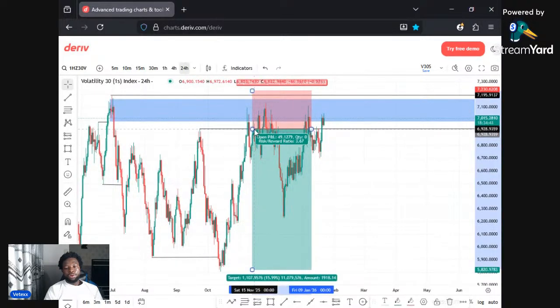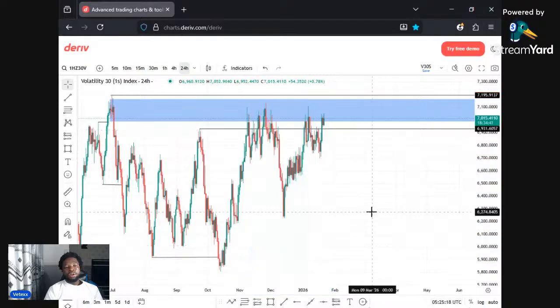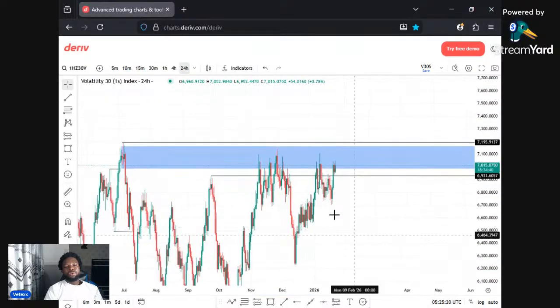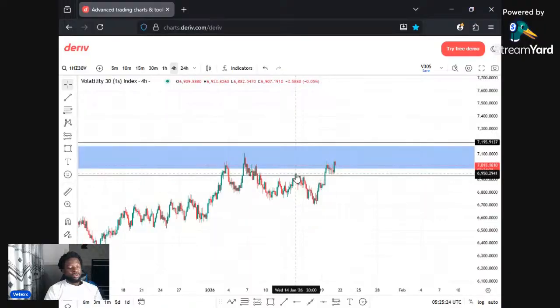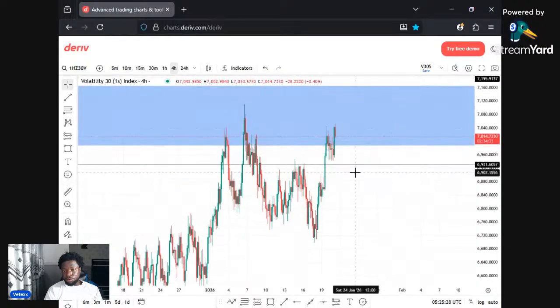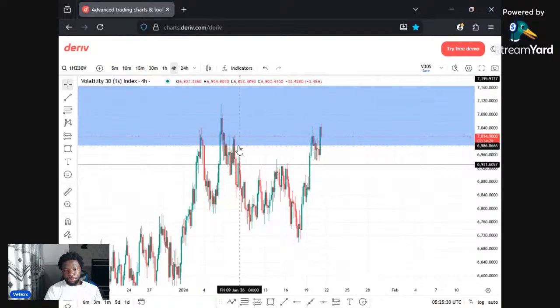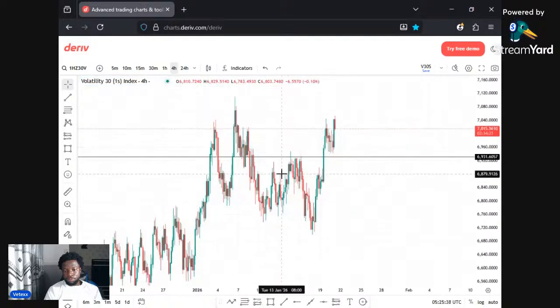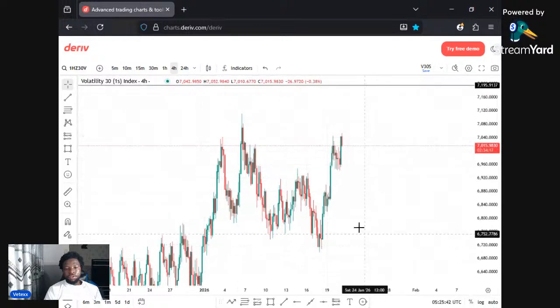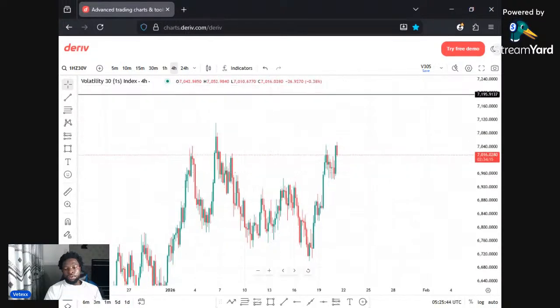So now that we know where price is going on the 24-hour time frame, we'll go to the 4-hour time frame and check if there's a continuation for us. Now on the 4-hour time frame, you can clearly see that we have a structure, which is this.